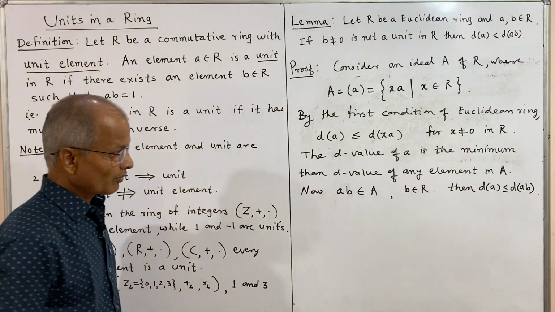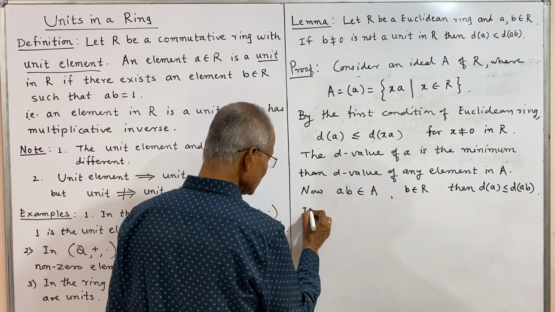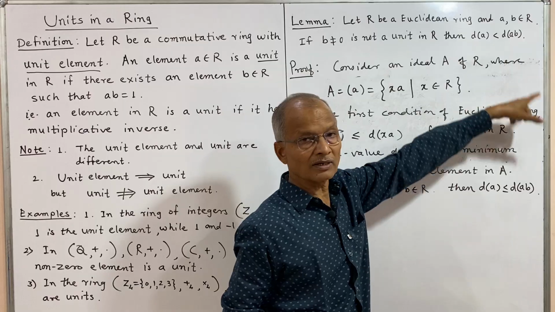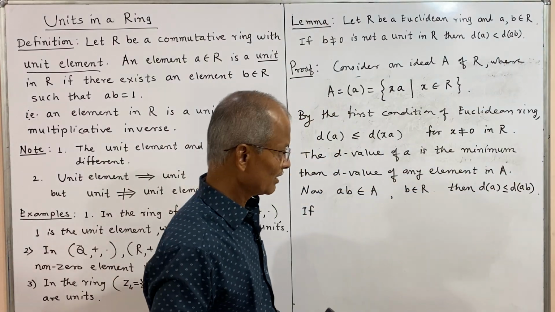If these are equal, that is the usual result, but what we want to prove is strictly less than. So what happens if these are equal?